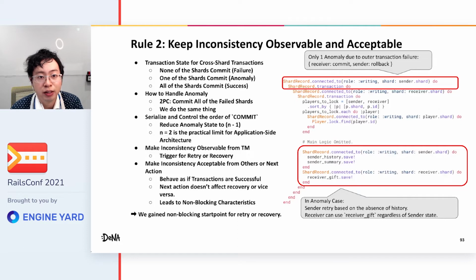The absence of history is observable, and the sender can retry based on that. Also, receiver gift would be saved in the anomaly case, and the receiver can use the receiver gift regardless of the sender's transaction. By this observable and acceptable inconsistency, we have gained a non-blocking start point for retry or recovery.